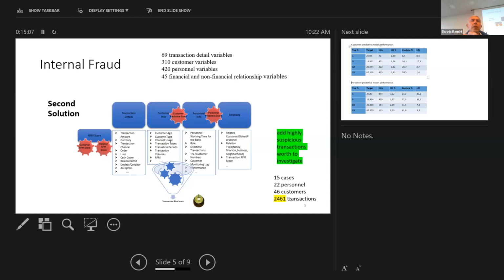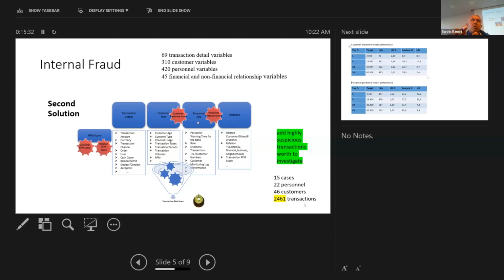So since now we had more transactions, we thought that we can now use predictive modeling more instead of anomaly detection. So we developed two predictive models instead of anomaly detection: customer predictive model and personnel predictive model.